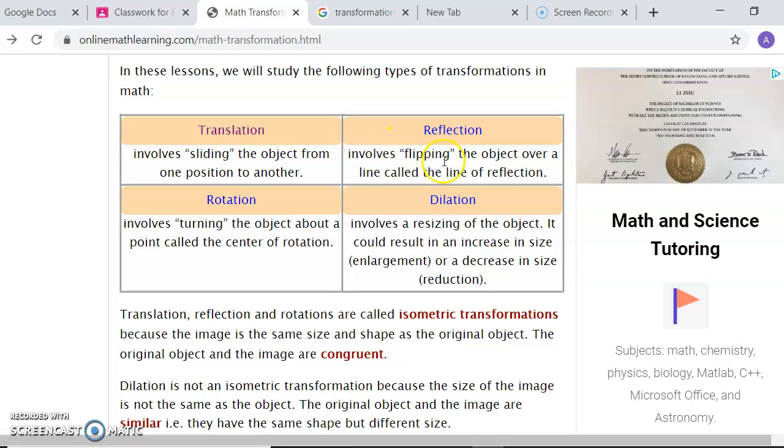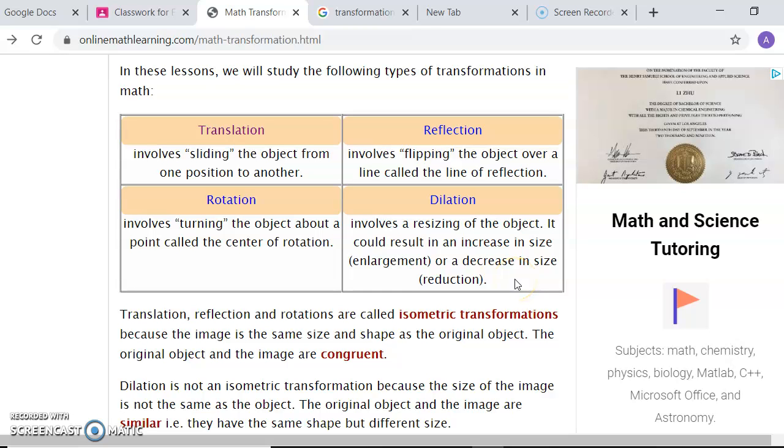Reflection involves flipping an object over a line called a line of reflection. Rotation involves turning the object about a point called the center of rotation. And dilation involves the resizing of the object. It could result in an increase in size, enlargement, or a decrease in size, reduction.